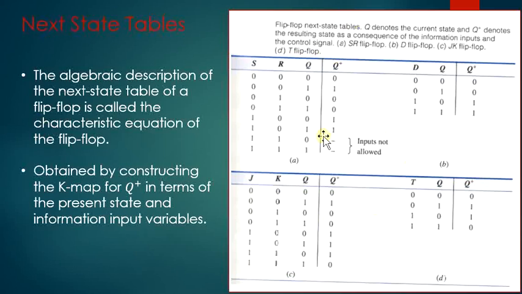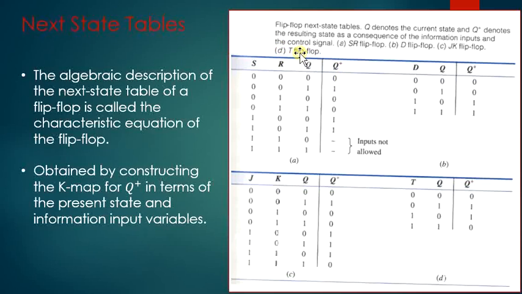For each of these tables, appropriate interpretation is that for a given present state Q and the inputs, the application of the control signal causes the flip-flop to change to the next state Q plus.